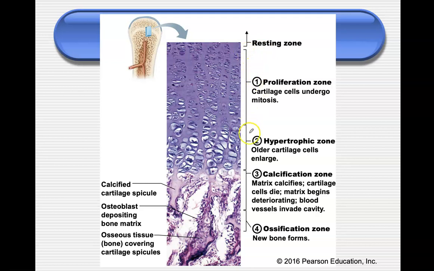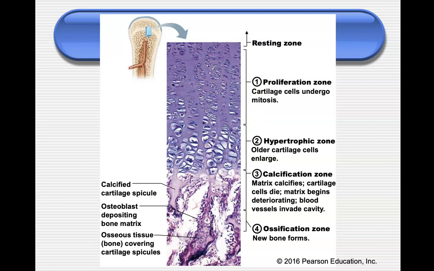The next zone here is the proliferation zone, and this is where we have cells of cartilage that are rapidly undergoing mitosis. So this is where we talked about the cartilage cells growing, right, and pushing up.